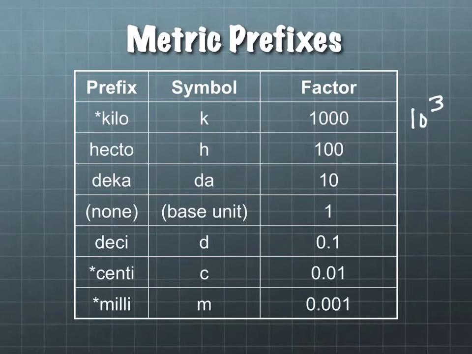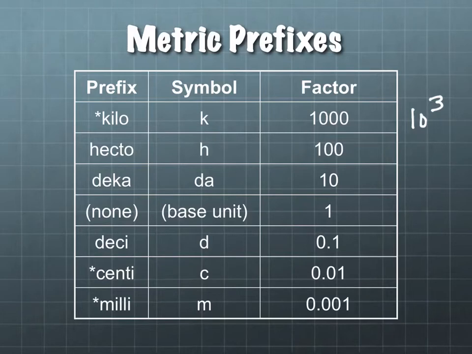Hecto, or H, as its symbol, is a factor of 100, which is 10 squared. Deca, if you'll remember we talked about deca last time, is DA. And it's a factor of 10.